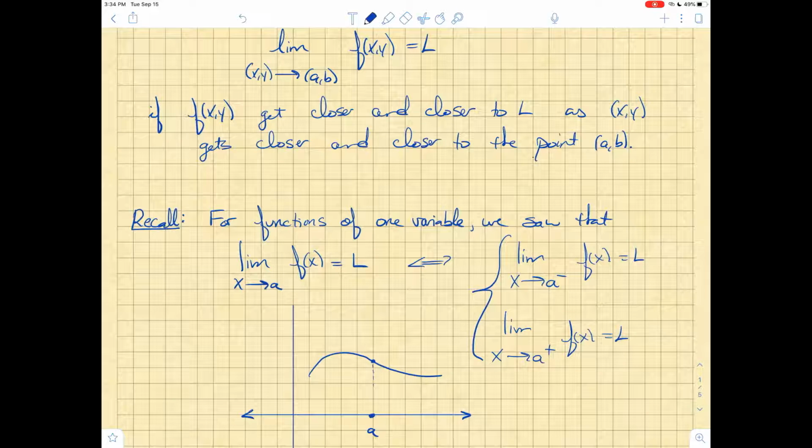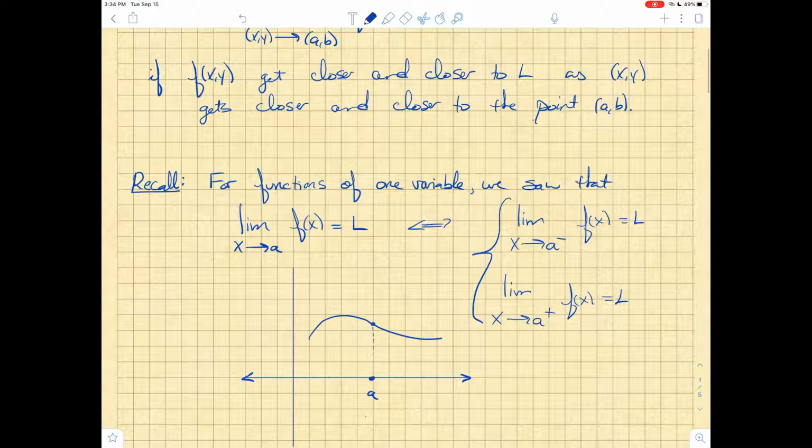So we talked in Calc 1 about how you can approach a from the left side or from the right side. There's two different directions you can approach a, and it shouldn't matter which direction you pick. It should be the same.